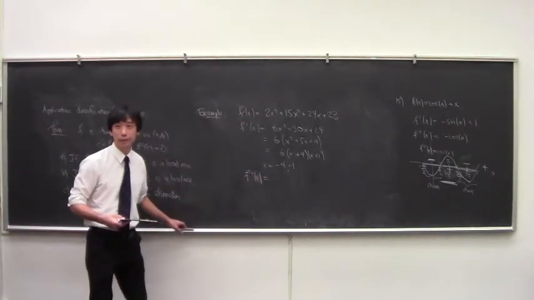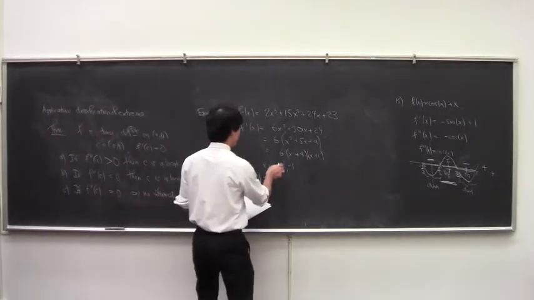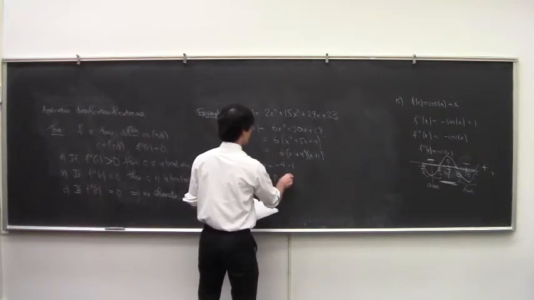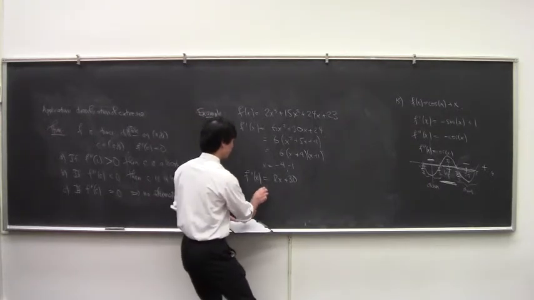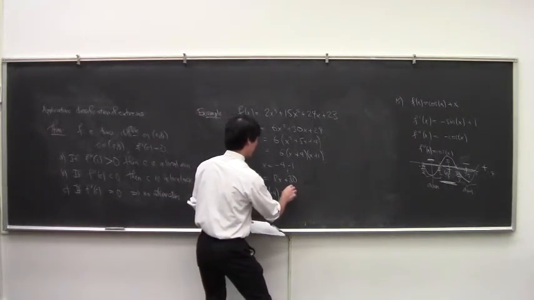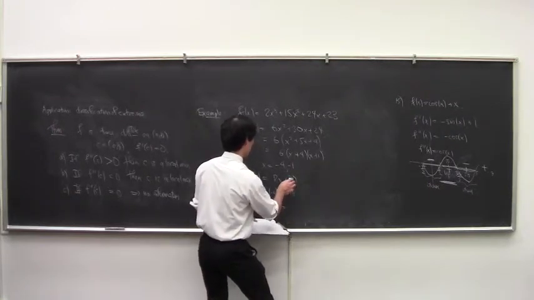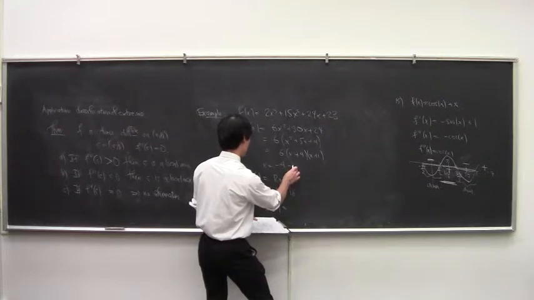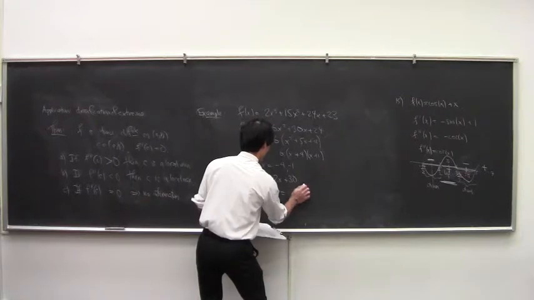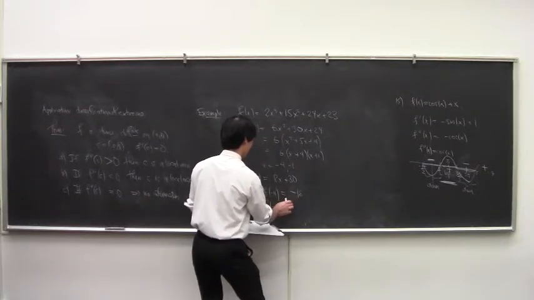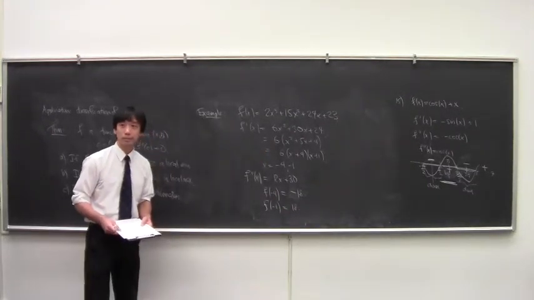And then you take the second derivative. You could use your first derivative test, but we're talking about the second, so let's do it. The second derivative is going to be 12x plus 30, right? And so you see that for negative 4, you get negative 18, and for negative 1, you get positive 18.